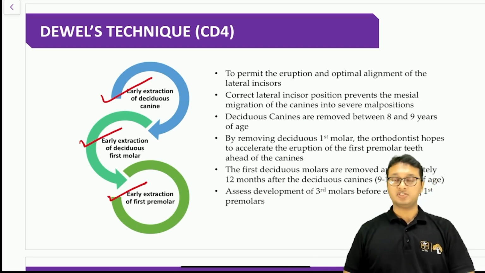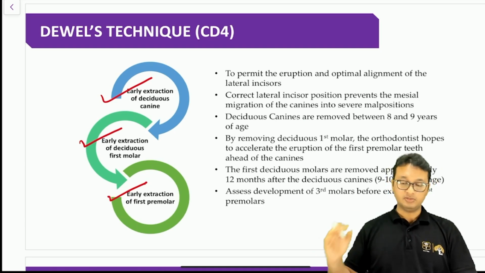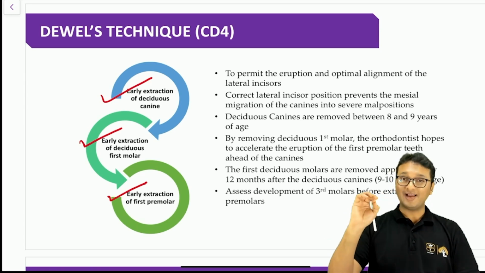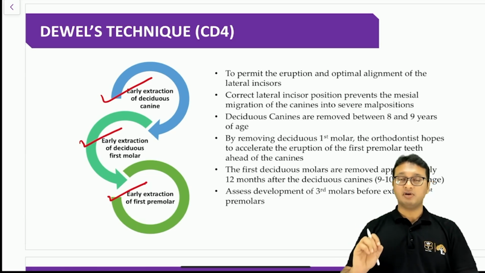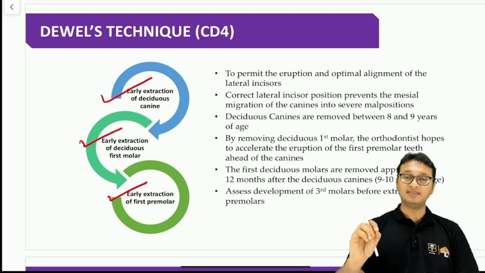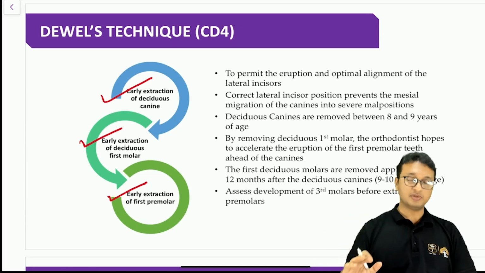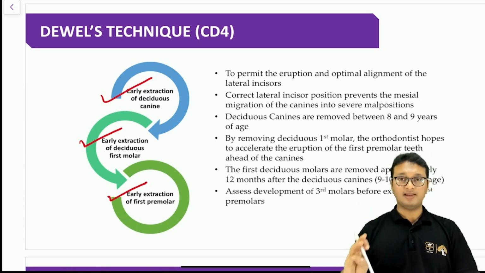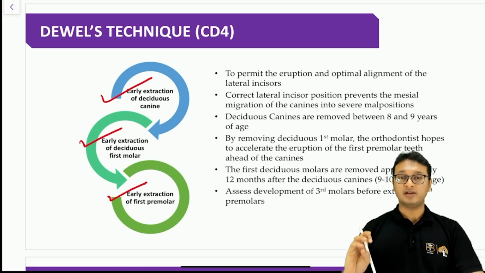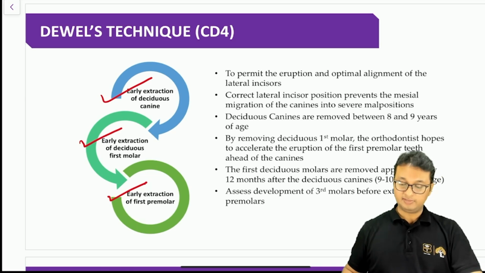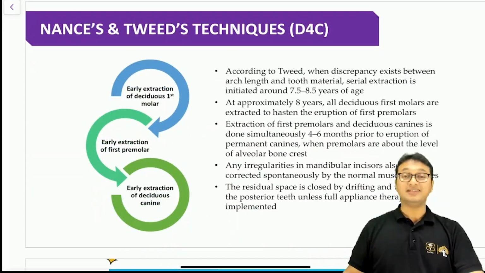Now, serial extraction is a very technique-sensitive procedure. You have to be knowledgeable. You have to do all the necessary investigations to ascertain that whatever teeth you are extracting therapeutically as part of a serial extraction procedure are going to be replaced by the permanent dentition at all costs. So you have to have an X-ray, you have to have the model analysis in place, and you have to undertake all the essential diagnostic procedures which are standard for all patients. Dewel's technique is D4 and Nance and Tweed's technique is DC4.